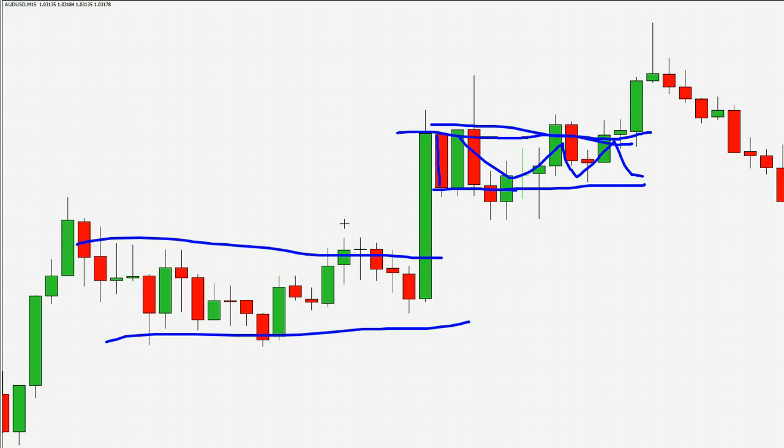Learning to identify sideways markets and avoid getting chewed up is another lesson that we're going to do. I'm not going to handle that on this one, but I thought I would point it out to you while I was going over the trades.